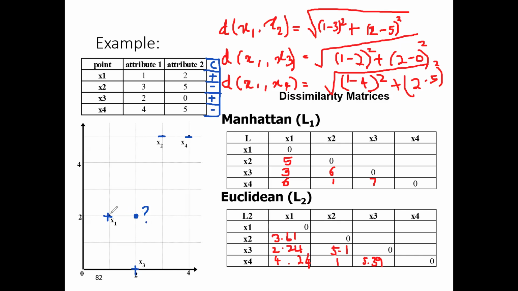If you take Manhattan, the distance is 1, here 2, here 4, here 5. So you see that this point is very close to this one, so the outcome could be taken as positive. That's how the classification happens at the end, not in the beginning. That's why I told you this is a lazy learning problem.